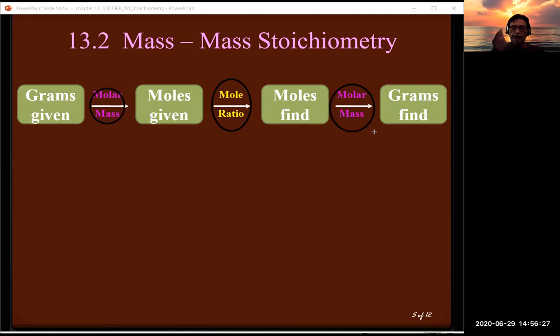So to go from A to B in grams, I need the molar mass, I need the balanced chemical equation, stoichiometry of the two, the reactant and the product, and the molar mass of the product, and I calculate how many moles I can make. Okay, let's try an example.